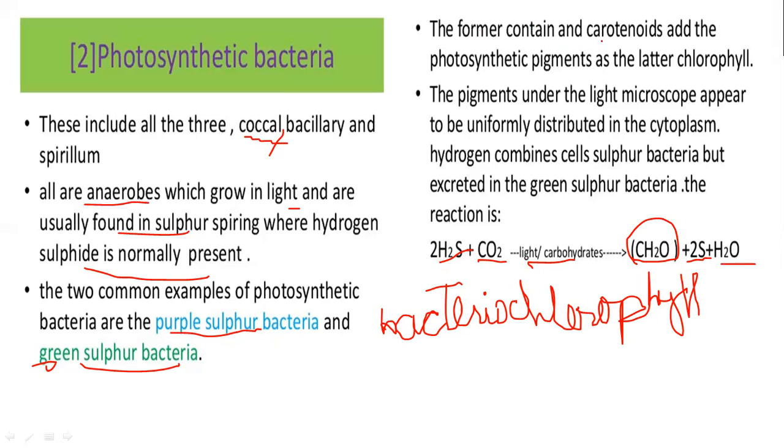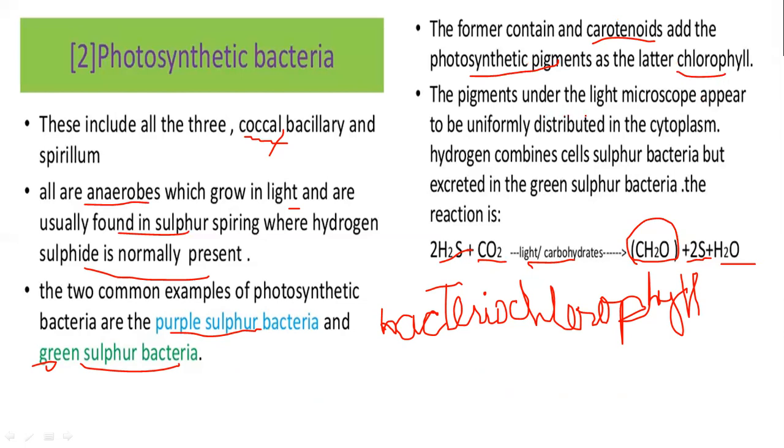If we talk about purple and green sulfur bacteria, purple bacteria have carotenoids, which are the photosynthetic pigments, and green sulfur bacteria, because they are green, have special bacteriochlorophyll.